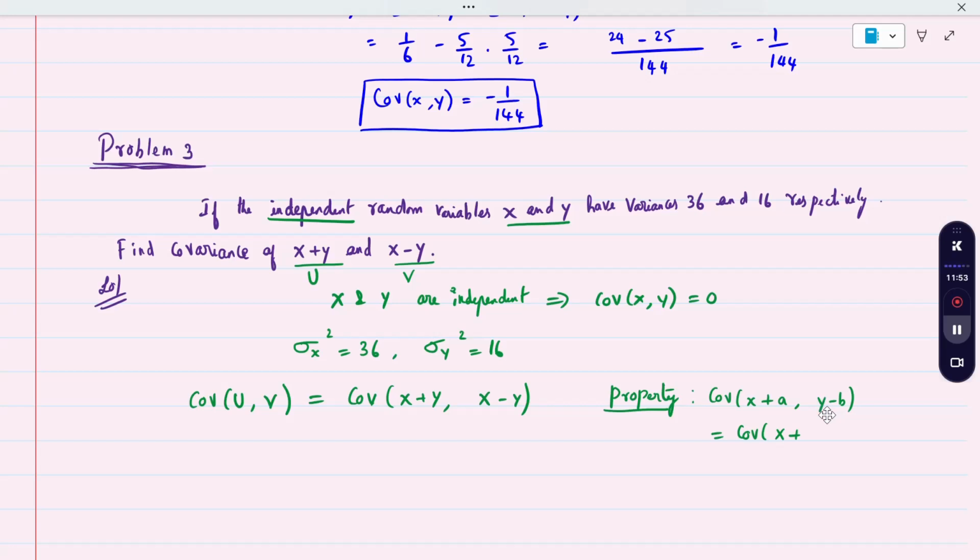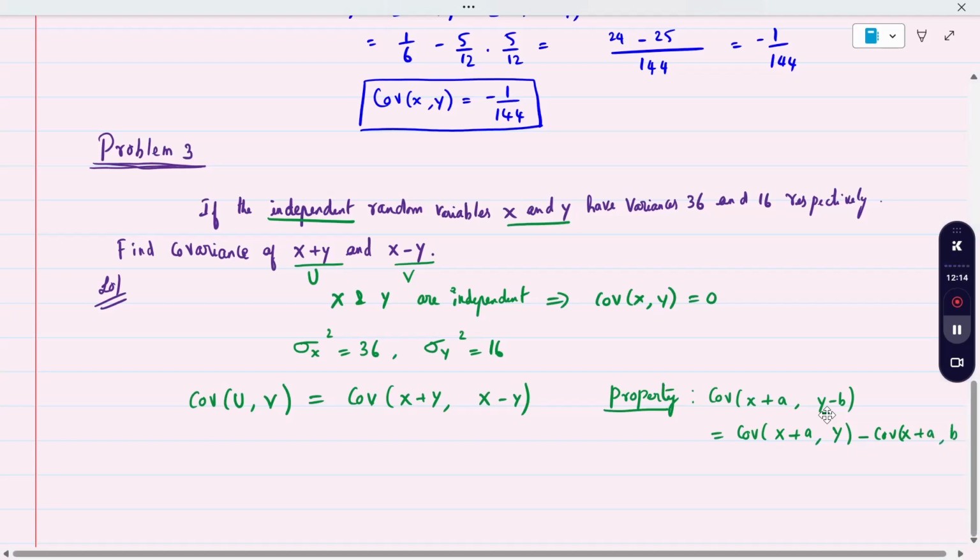First I have to write x plus a as it is, comma, the first term, then y minus the covariance of x plus a as it is, comma, the second term b. So this is one of the properties that I am going to use in this.